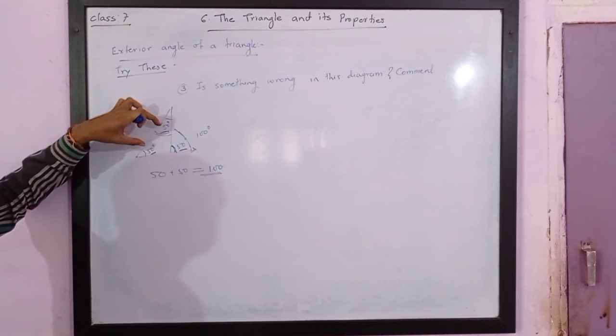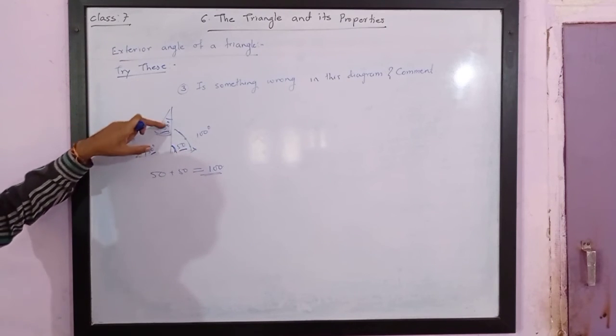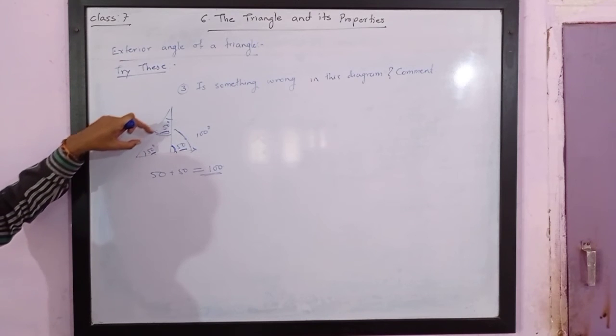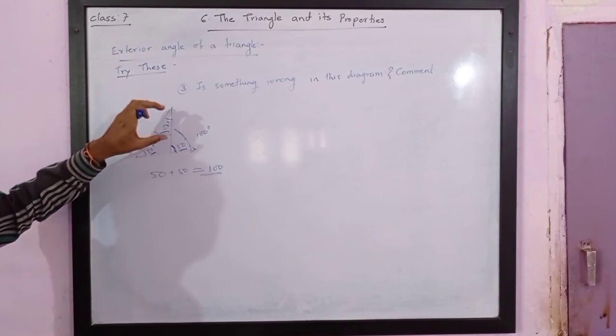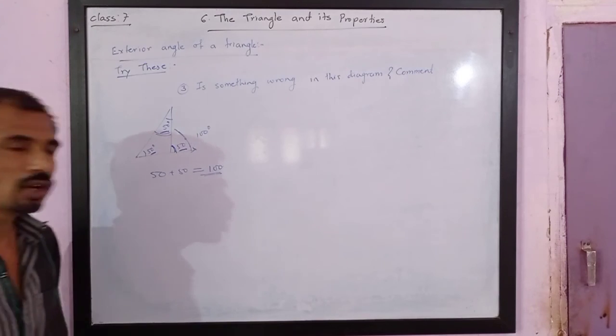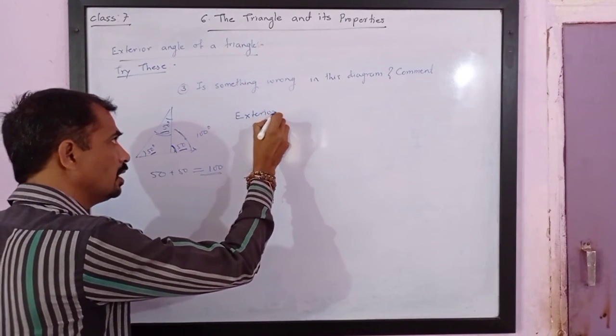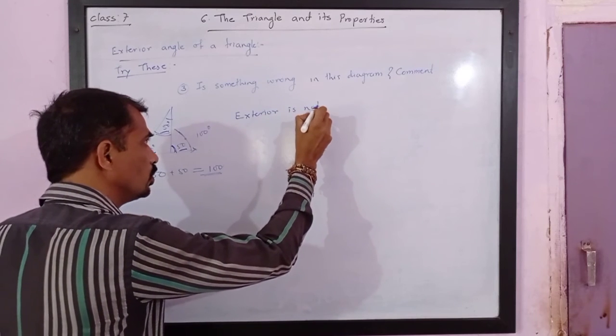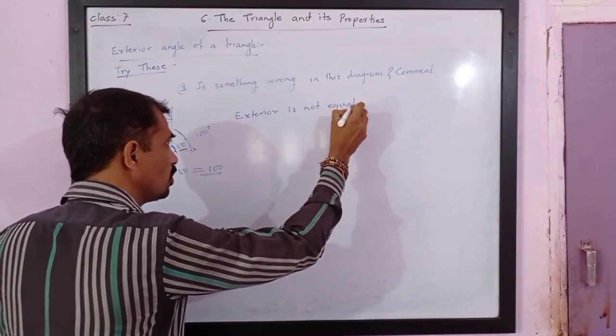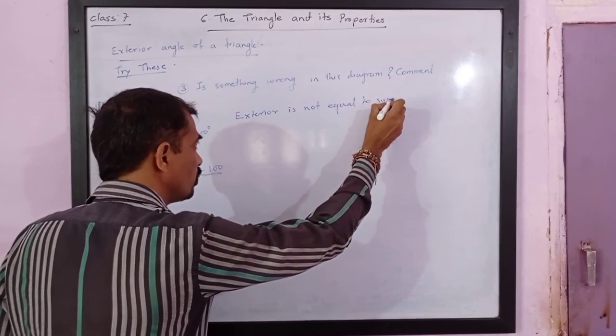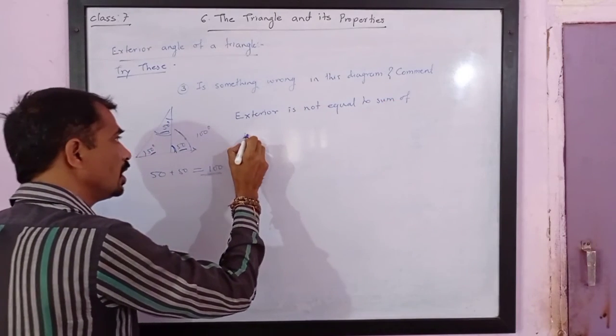So here you will see that the exterior angle is not equal to the sum of interior opposite angles, hence the measures given are wrong.